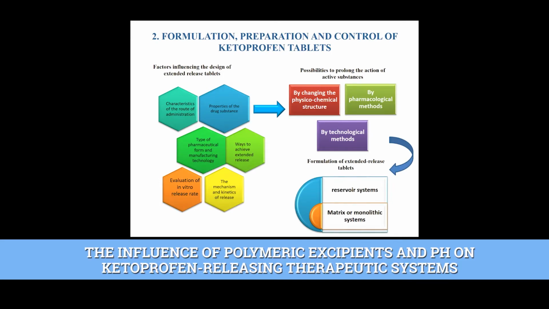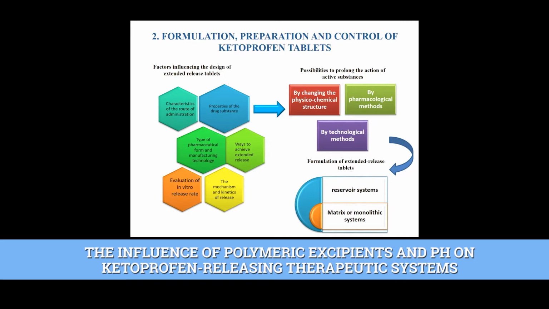Factors influencing the design of extended release tablets are the characteristics of the route of administration, the properties of the drug substance, the type of pharmaceutical form, the manufacturing technology, and the mechanism and kinetics of the active substance release.